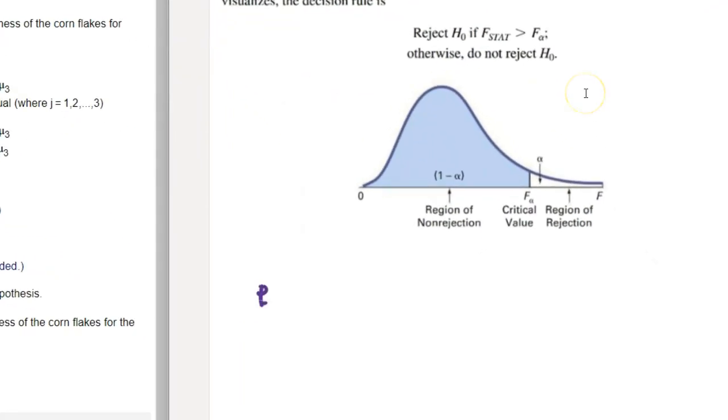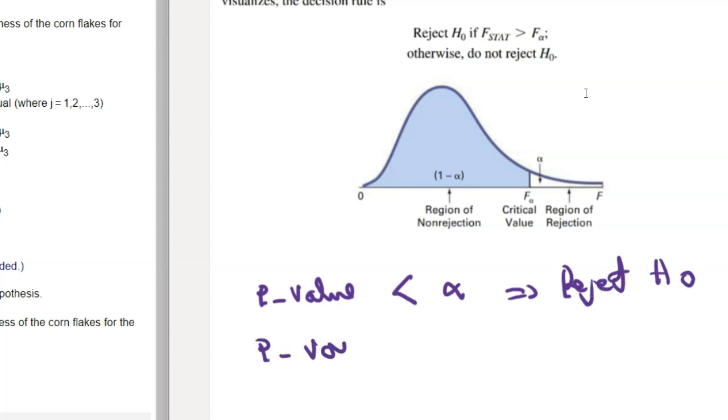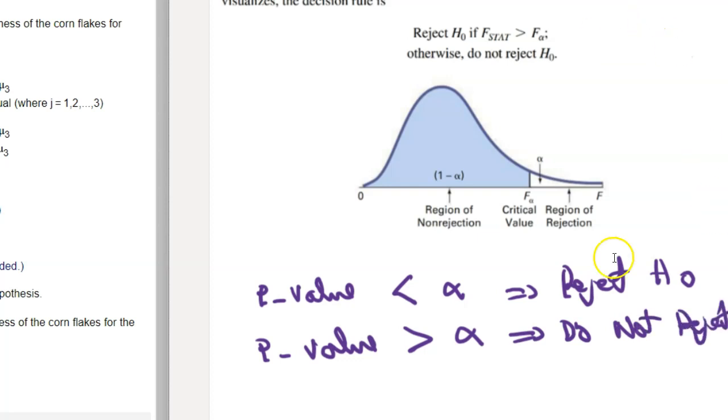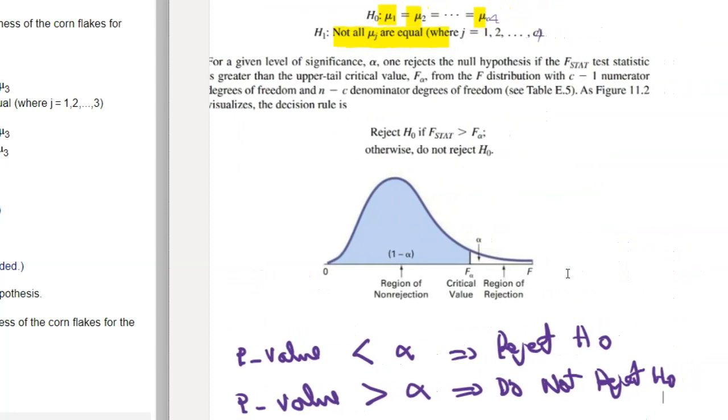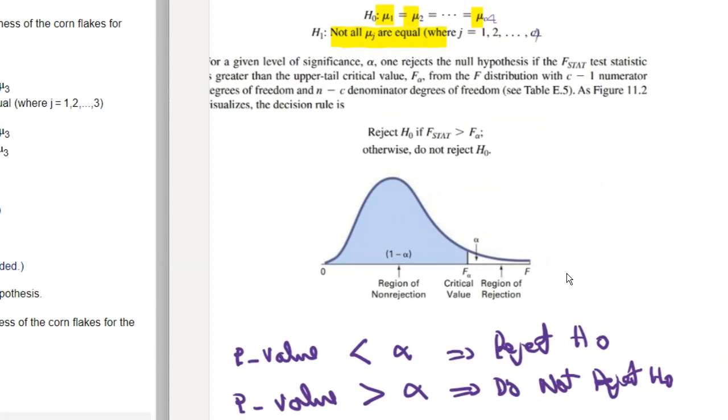If the p-value is less than alpha, you reject H0, and if the p-value is greater than alpha, then do not reject H0. Now these statements are always exactly the same: if I reject H0, we have sufficient evidence to reject, and if we do not reject, we have insufficient evidence.